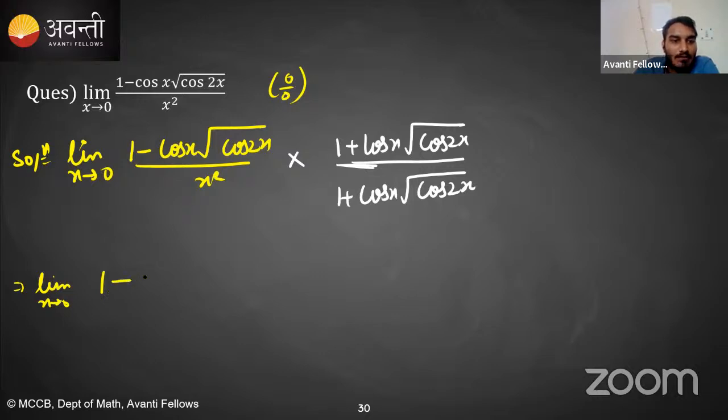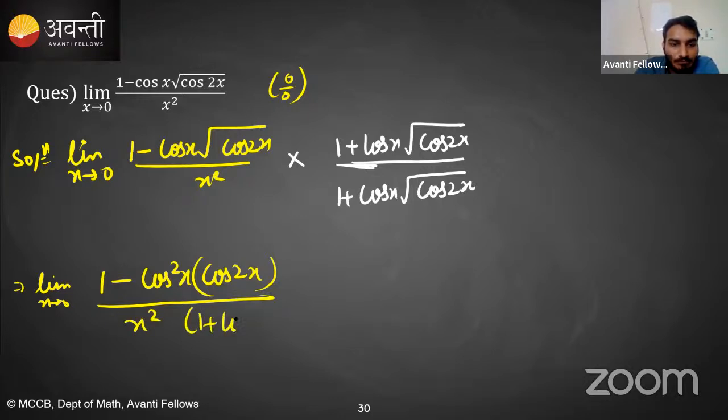So 1 minus cos square x into cos 2x divided by x square into 1 plus cos x under root of cos 2x, right?